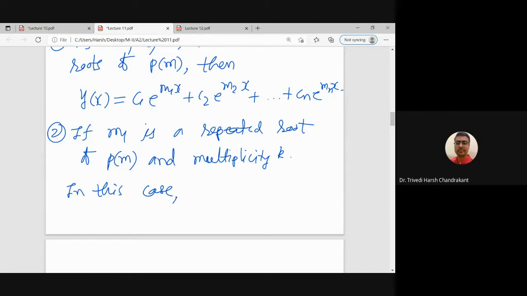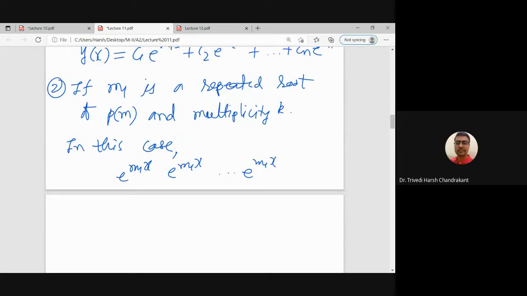In this case, instead of getting e power m1x, e power m1x, e power m1x k times, because these all functions are same, instead of that, what we will do is we will find the independent solutions, and we know that the corresponding independent solution is this set: e power m1x, x e power m1x, up to x power k minus 1 e power m1x, right?